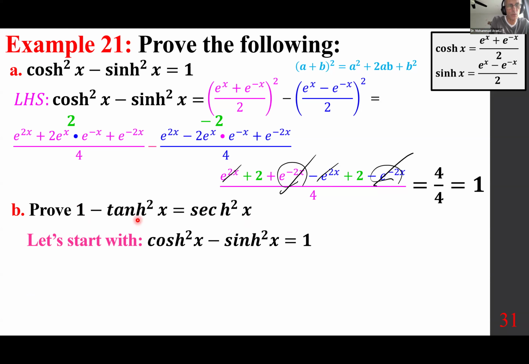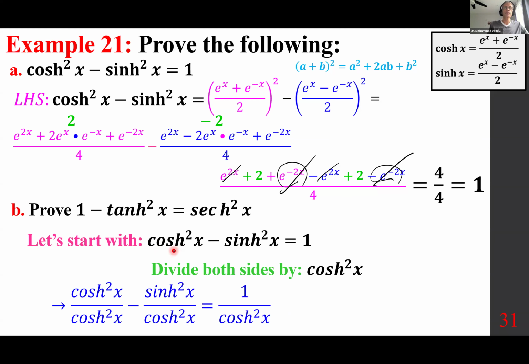How do we make this one 1? We're going to divide by cosh squared. So let's divide both sides. So obviously, this is 1. This is sinh over cosh, which is hyperbolic tangent. So 1 minus hyperbolic tangent squared. 1 over cosh is hyperbolic secant, so square it.